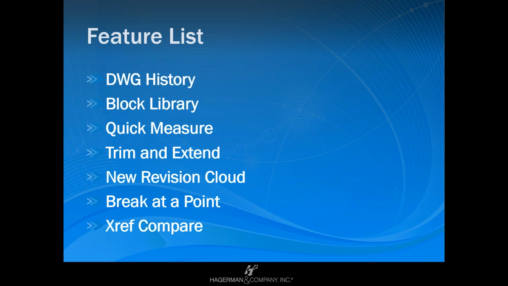The enhancements that they've made for that, that's one in particular that the user community has been asking for a long time. And they've added some new features to the revision cloud, the break at point command, and they have added an Xref Compare similar to the drawing compare from release 2020.